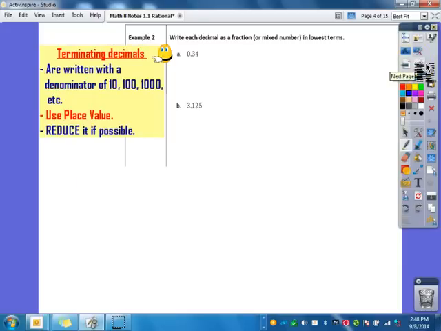Now, this part, we're going to do the opposite. We're going to write each decimal as a fraction or a mixed number in lowest terms. Now we have this number right here, 0.34. You say that number 34 hundredths. So you say your fraction when you say the decimal. 34 hundredths.